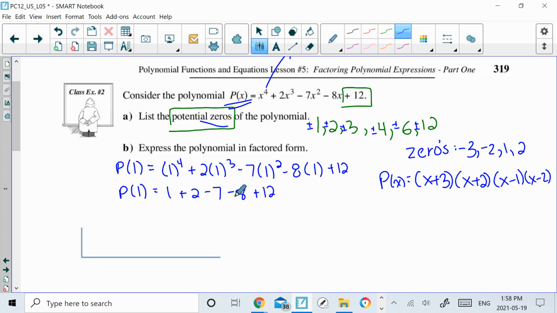This is -15, and this would be positive 15. P of 1 is equal to 0. According to the factor theorem, since p of 1 is equal to 0, if you get a 0 as your remainder, what that tells you is x minus 1 is a factor.